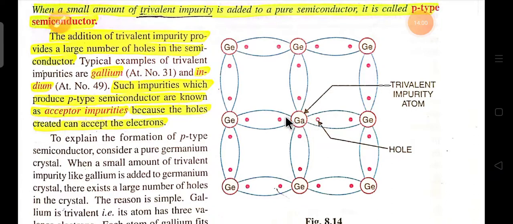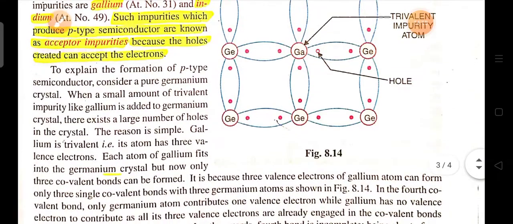That means one gallium atom provides one hole. So if we add a small amount of trivalent impurity, we get a large amount of holes, or positively charged particles, in our semiconductor.